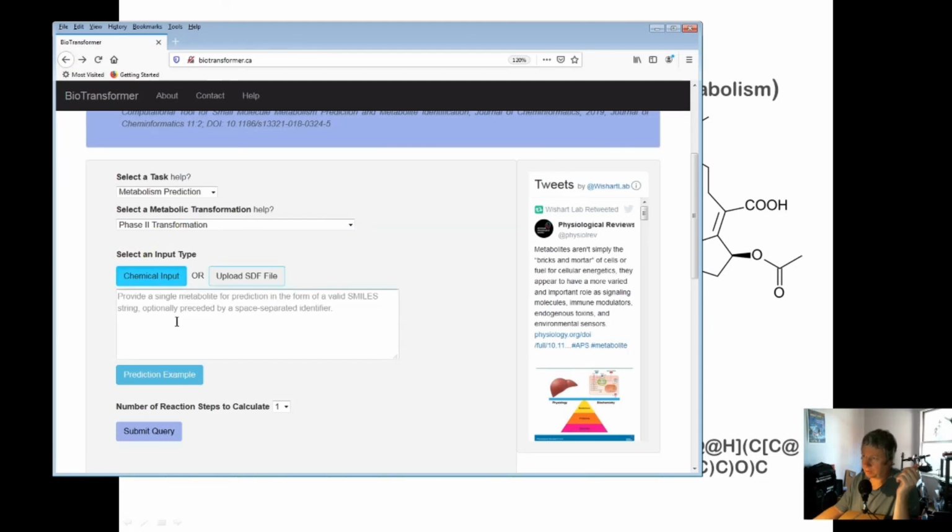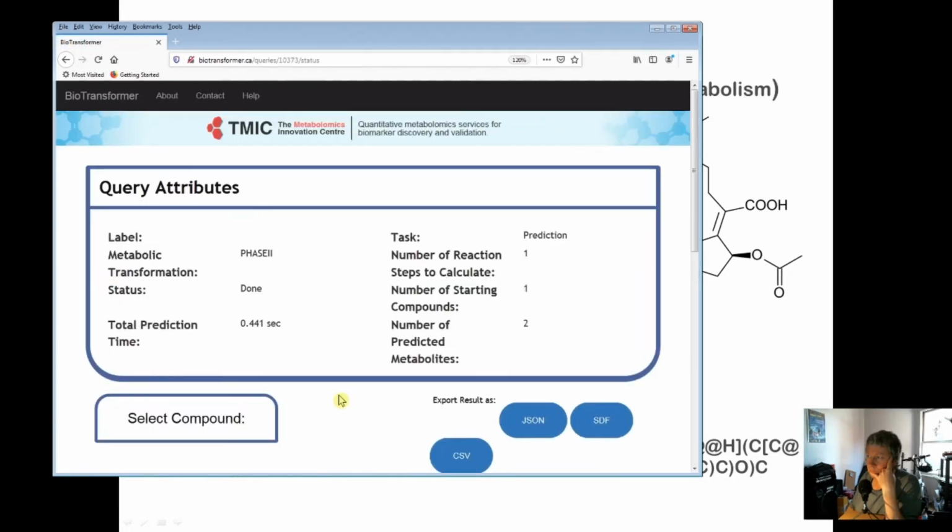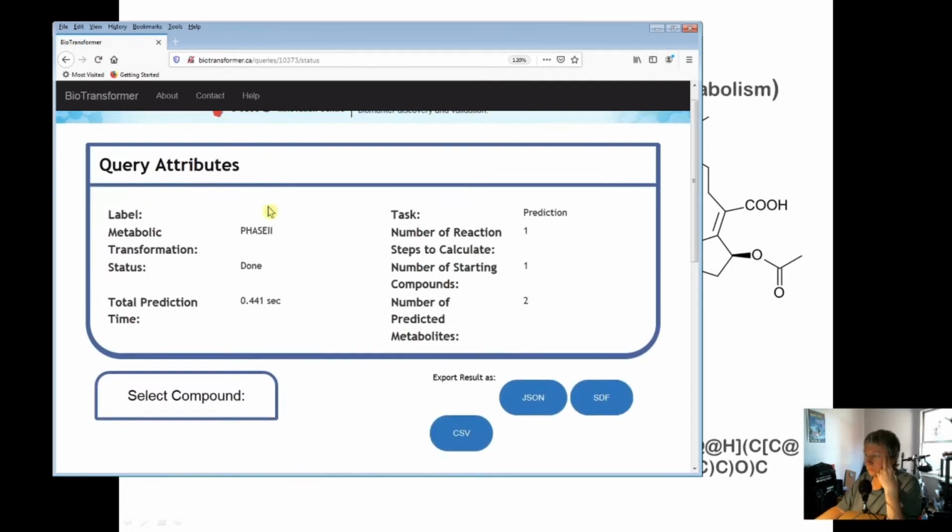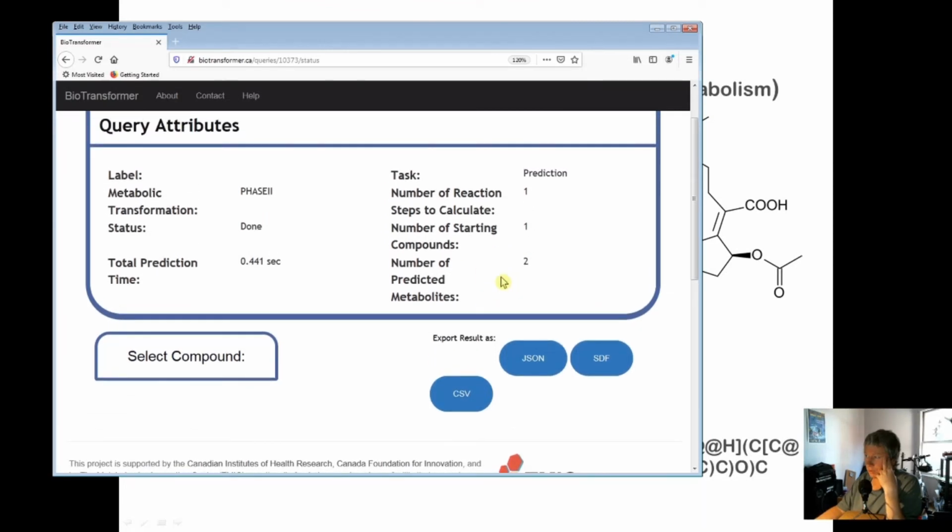Here's phase 2 metabolism prediction. Paste. Submit. All right, so it's predicting 2 metabolites.